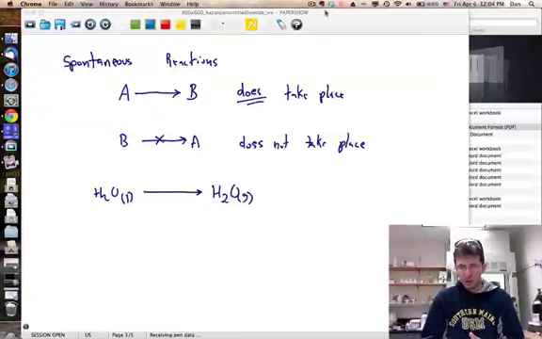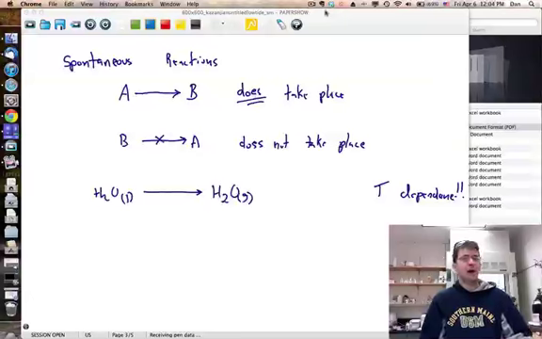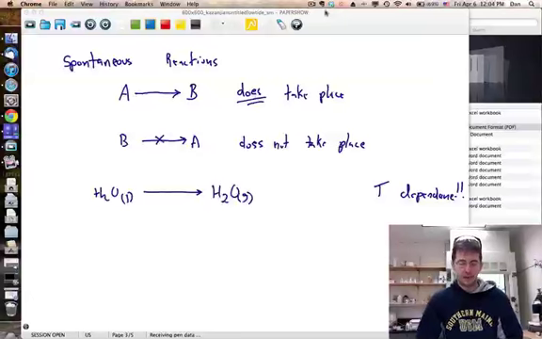You look at that cup of water on the stove, it's not doing anything unless you crank up the heat. So there is some sort of temperature dependence. Some reactions are spontaneous under one set of conditions and non-spontaneous under others. Freezing of water is a perfect example of this.